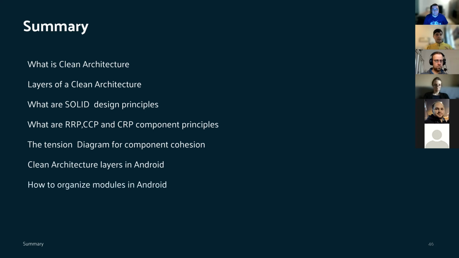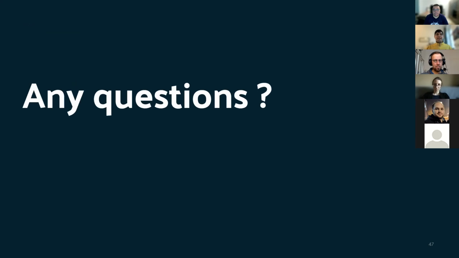And then finally, we discussed how to organize modules in Android in a clean way. I would recommend going by feature. And I showed the data flow between the layers. So the domain layer is the glue between the presentation layer and the data layer, and they don't really know about each other. I think that's it. If you have any questions.